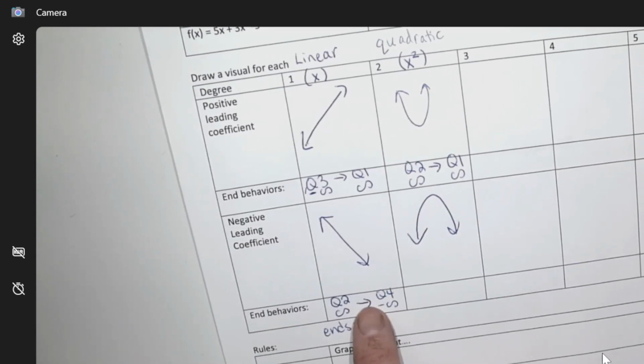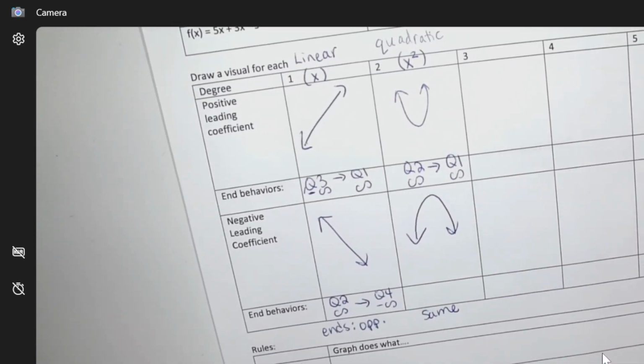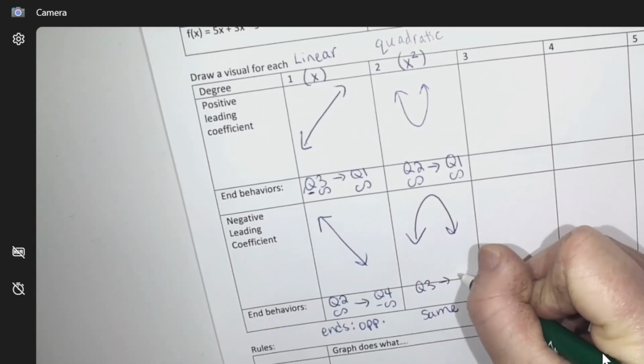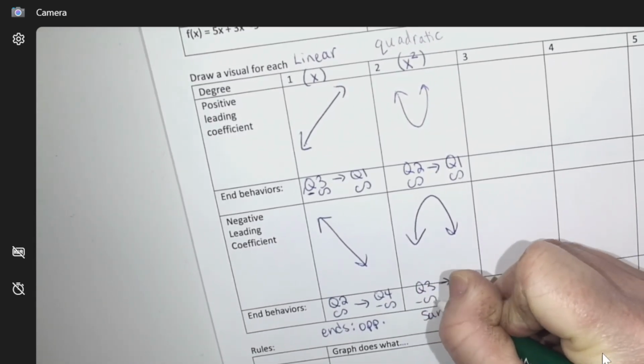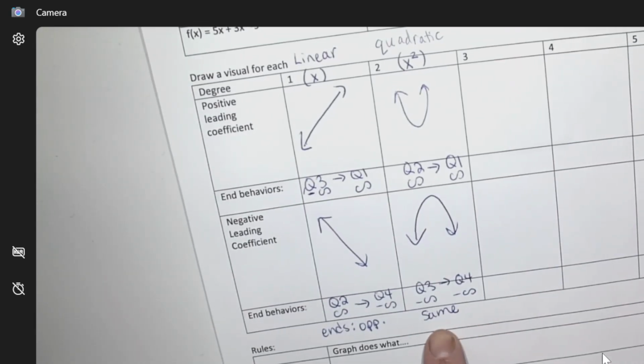These ends will go in an opposite direction, but these ends would go in the same direction. So you can see they both go to negative infinity. They're going in the same direction.